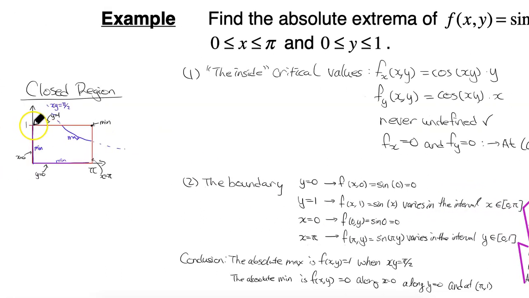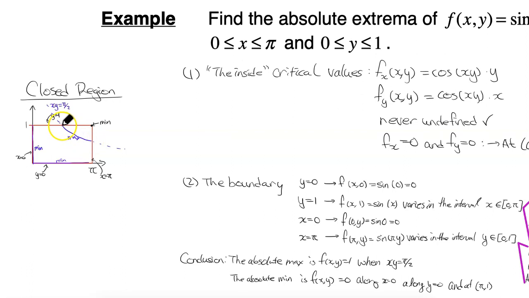So along this curve here, if I take a slice like this, it starts at 0, it goes up to 1, and then it goes down to 0 again. And interestingly enough, we knew about this 1 here, because that point is part of the curve y equals pi over 2x that we talked about earlier.